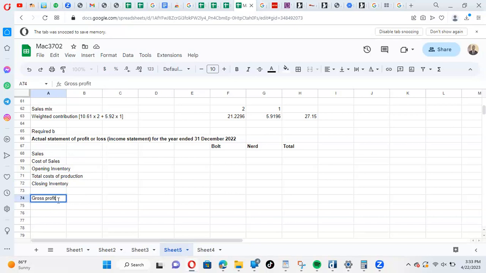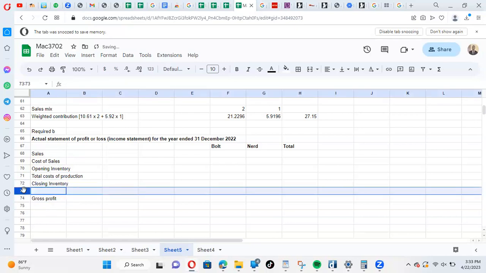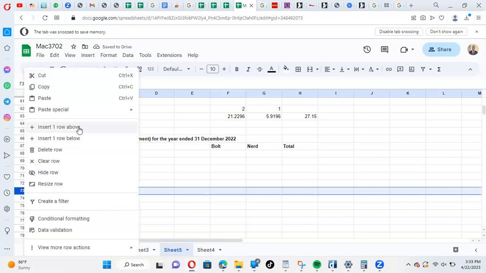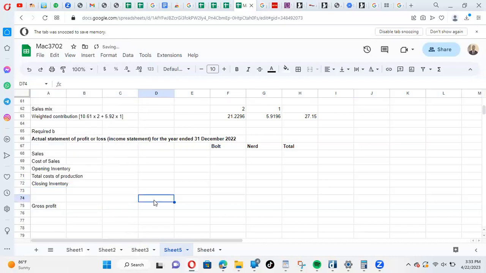And then where do we deal with the under and over recovery? There are two ways in which people deal with it. Some deal with it after gross profit, some before gross profit. Last year, I think someone had said they would investigate for us.